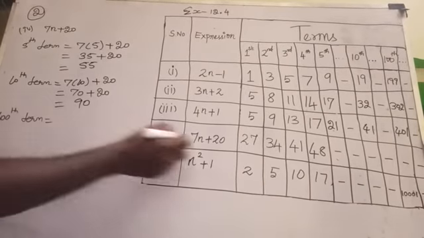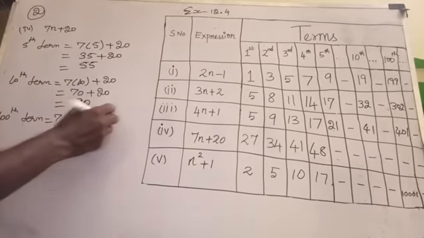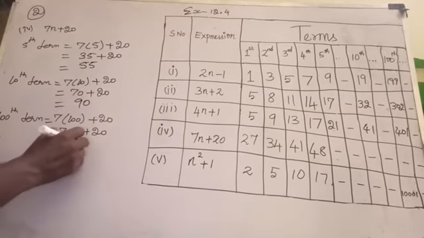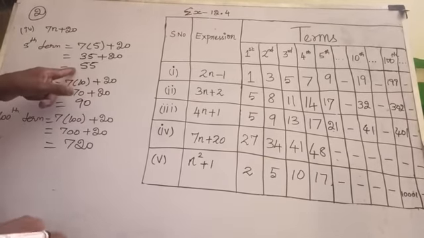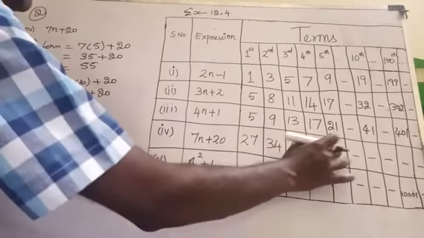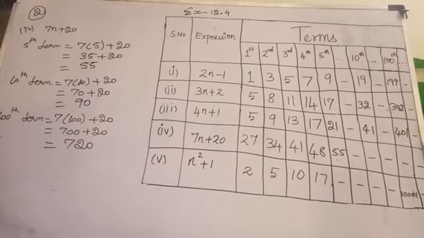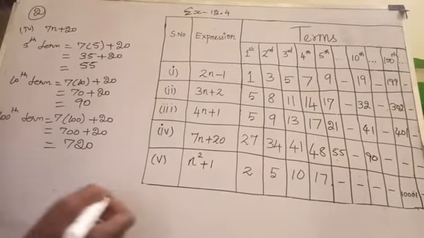So put n equal to 100 here. 7 into 100 plus 20, which is 700 plus 20, which is equal to 720. Therefore, the 5th term of the expression 7n plus 20 is 55, the 10th term is 90, and the 100th term is 720.